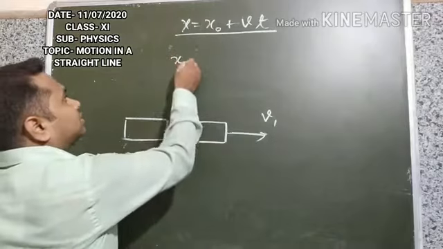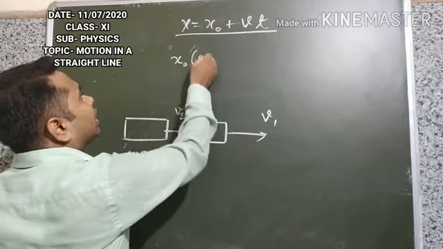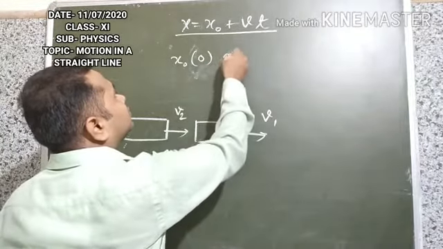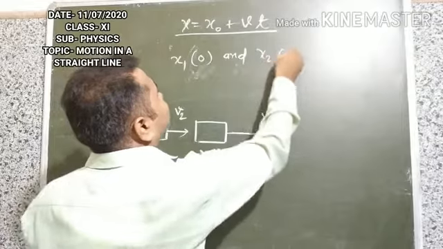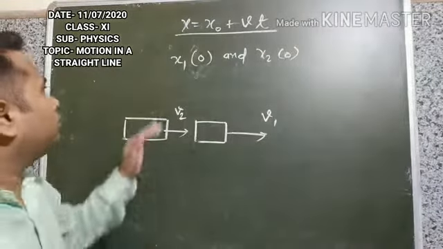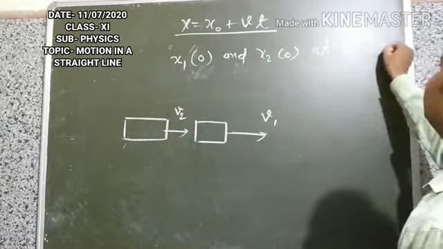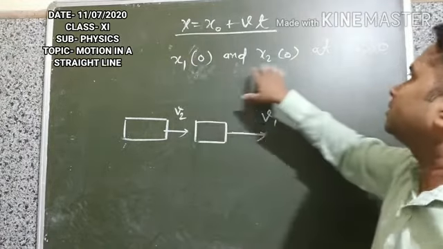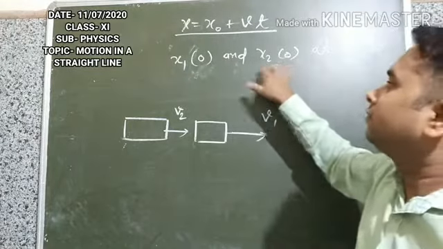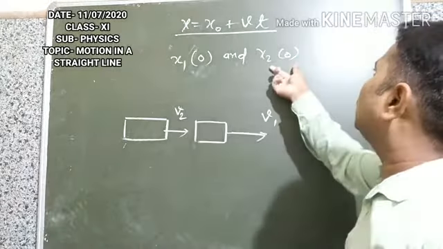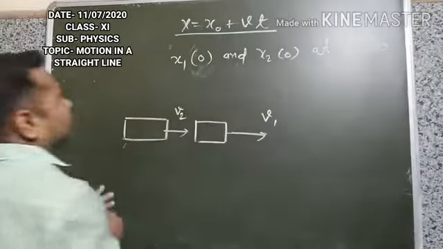x10 and x20 are the position coordinates of object 1 and object 2 at time t equals 0. These are the initial positions.